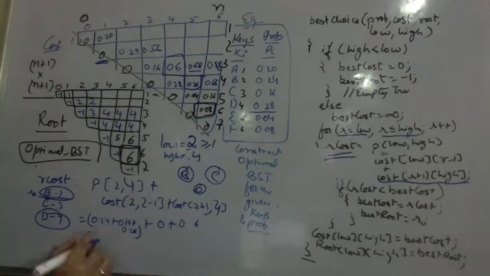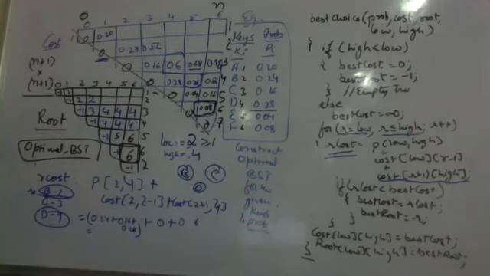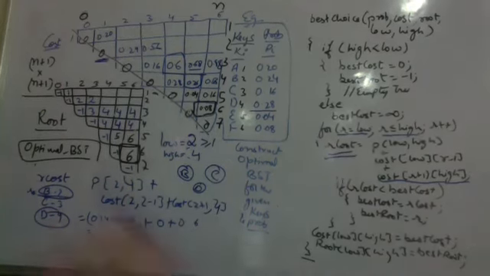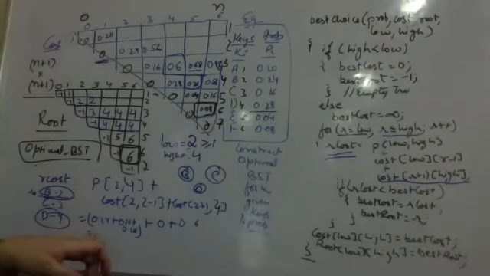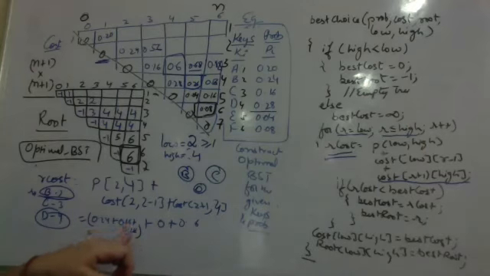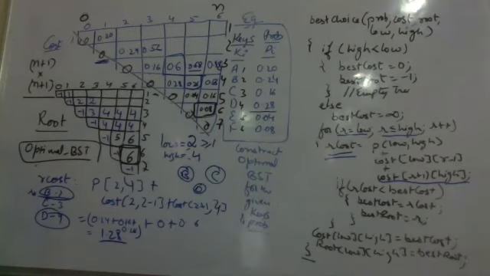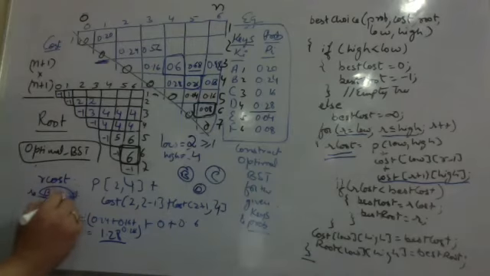So the total cost of searching in this tree with root B will come out to be 1.28. This is what I am getting. In case all of you have also calculated, do let me know. 1.28.